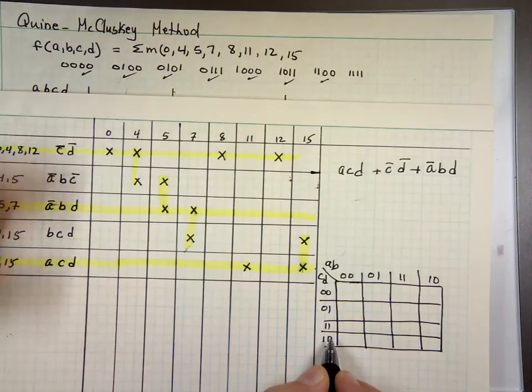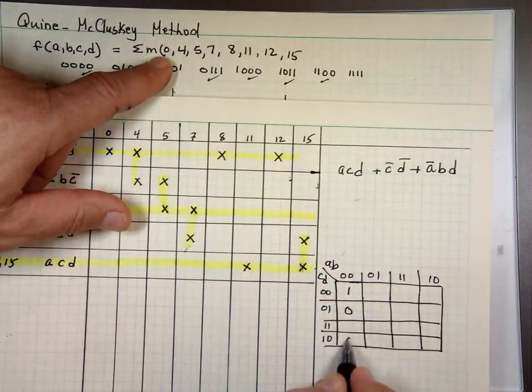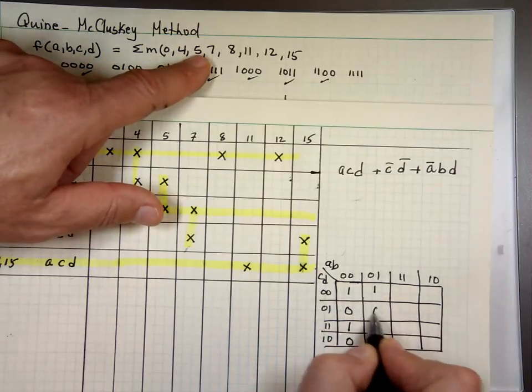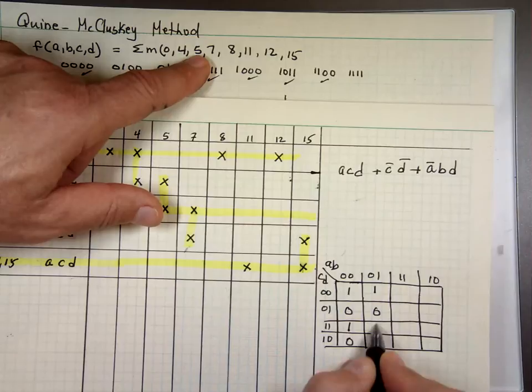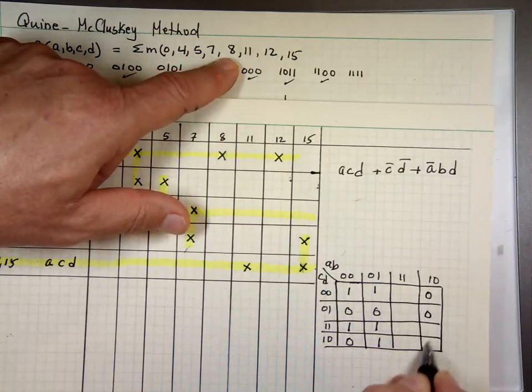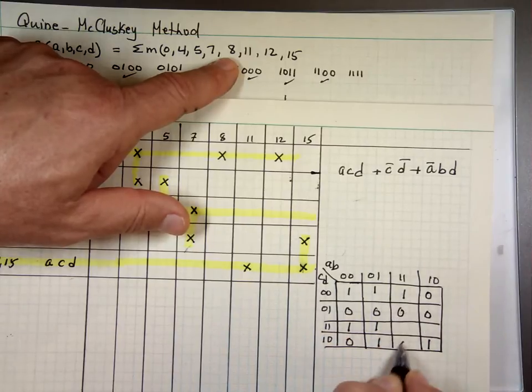You have a 1 at 0, 2, 3, 4, 5, 6, 7, 8, 9, 10, 11, 12, 13, 14, 15.